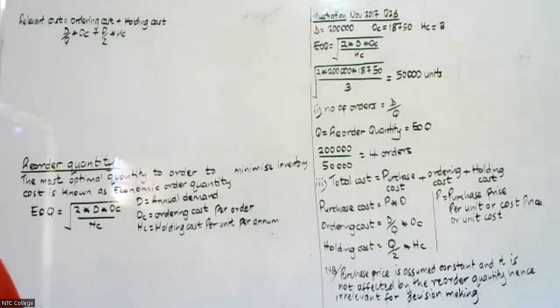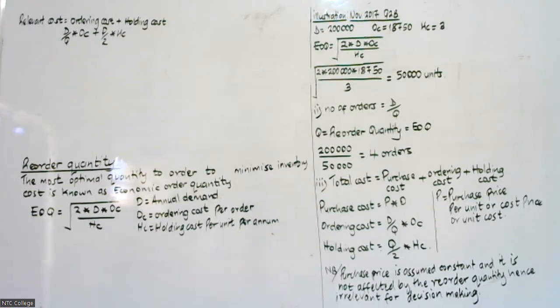So part 3 of that question: the production manager has proposed to increase the current EOQ to 100,000 units.